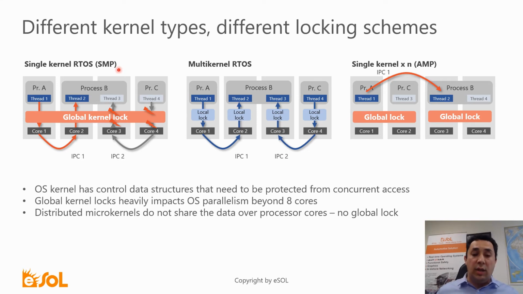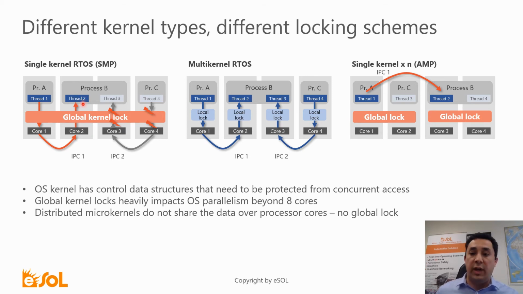In this SMP design, there is a single database or table of threads in the entire platform, and the communication and the change of the thread state requires the acquisition of the global kernel lock. In this one, thread 1 will acquire the kernel lock, then send a message and notify core 2, which will also try to acquire the kernel lock after thread 1 on core 1 has released it, and send a message to thread 2.